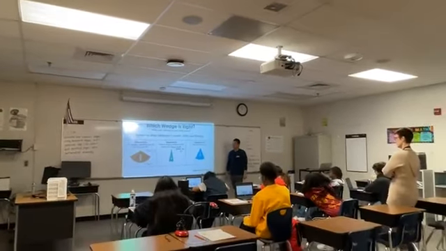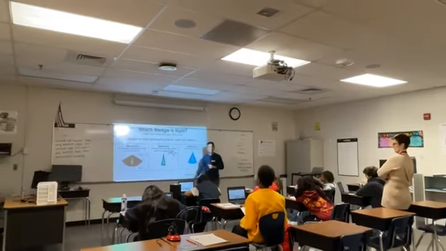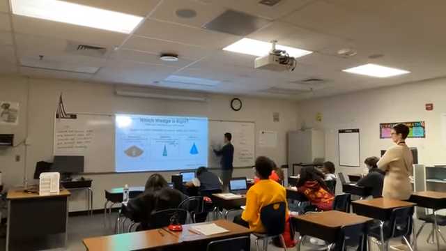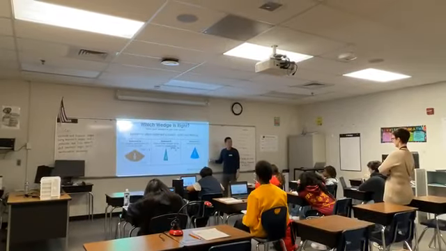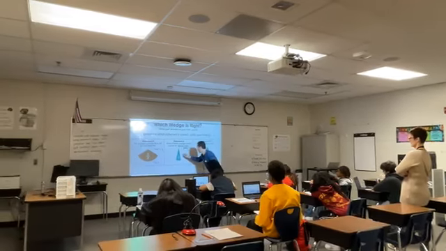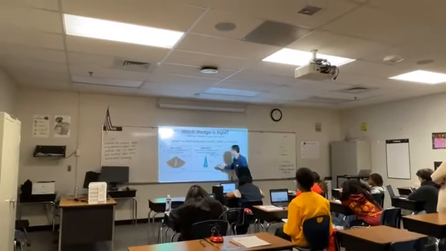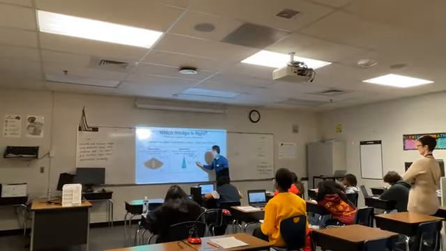Okay? So I have to find how much 1/16 of a whole circle is first. What's a whole circle, Chase? How many degrees? 360. And what am I going to multiply that by? 1/16. Okay?